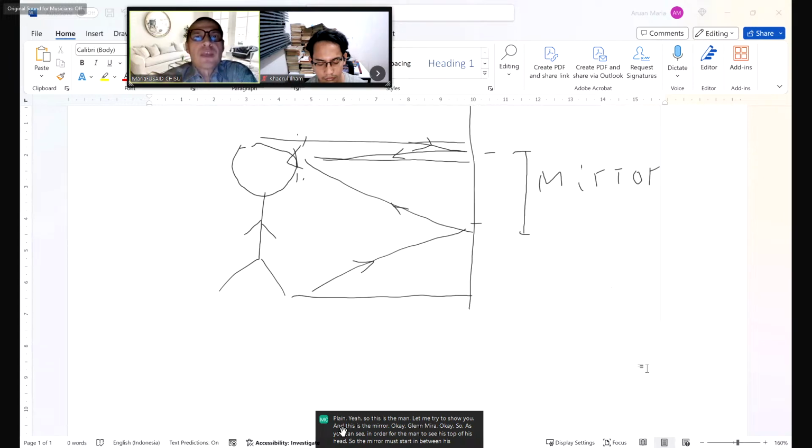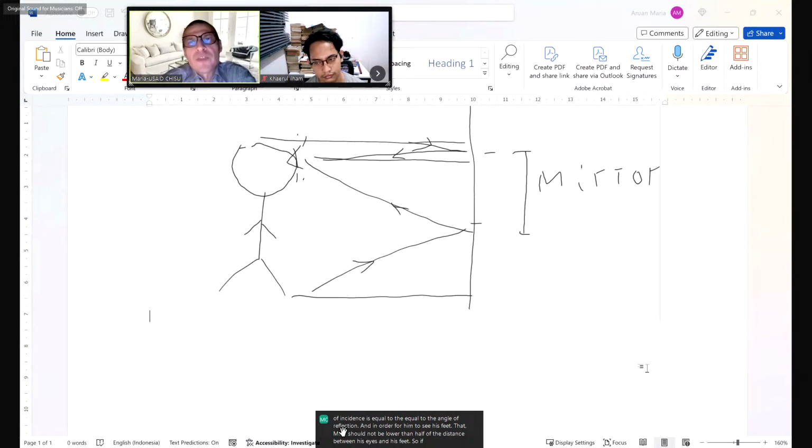Because the angle of incidence is equal to the angle of reflection. And in order for him to see his feet, the mirror should not be lower than half of the distance between his eyes and his feet.